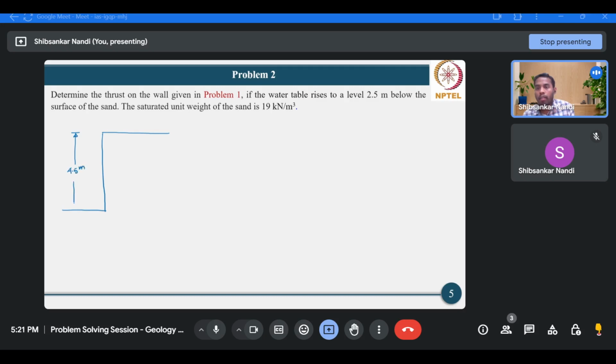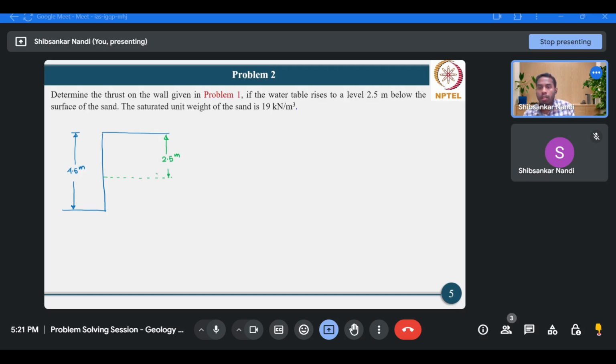Okay, so this is the height. Now the water table is located at a depth of 2.5 meters.